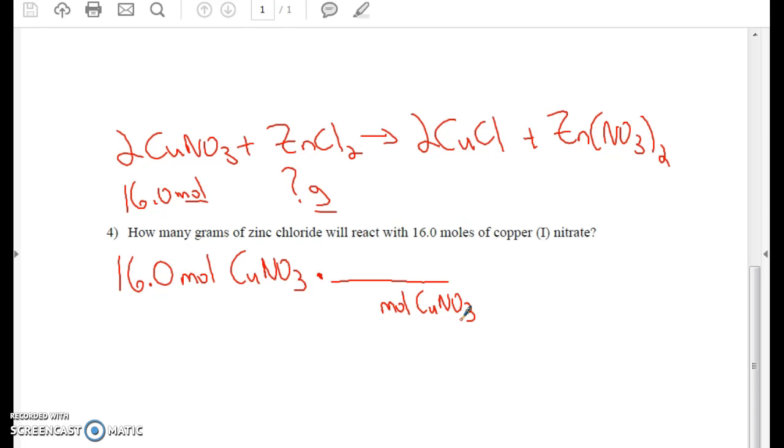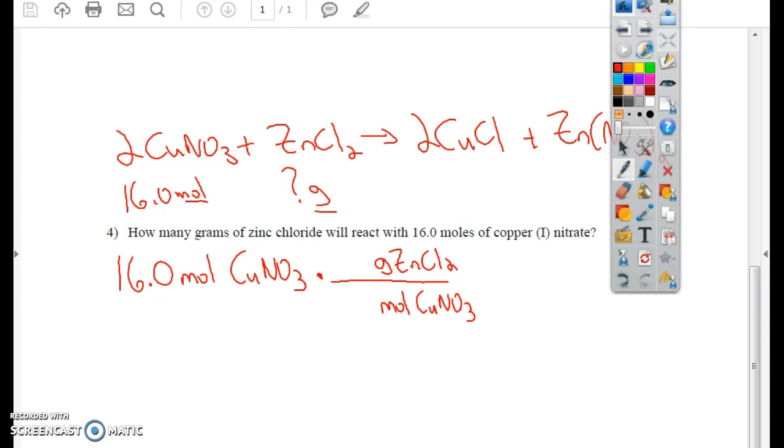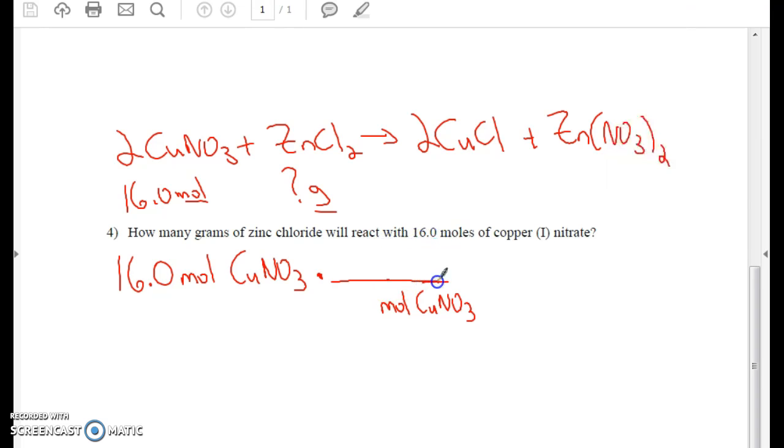There's no conversion factor that will let us do this in one step. We can't do it like that. What we have to do is go from moles of copper 1 nitrate to moles of zinc chloride. Now this is the mole ratio step.